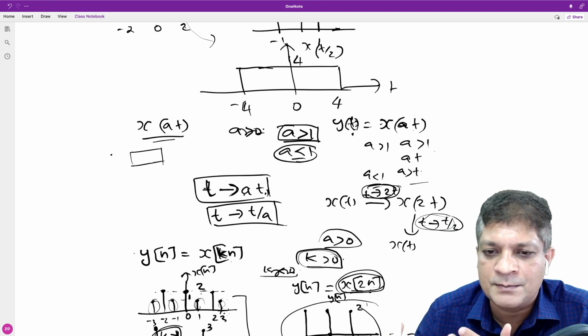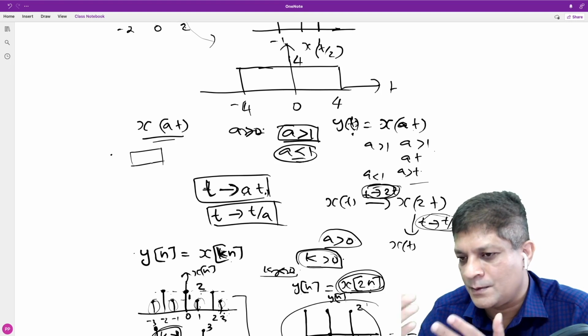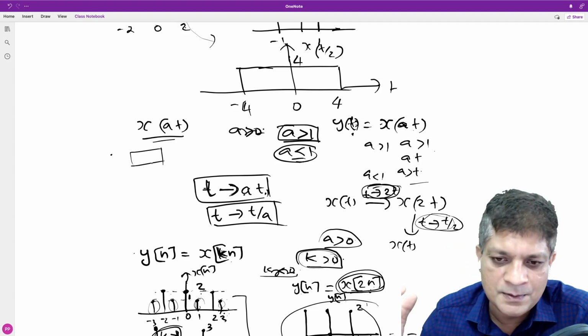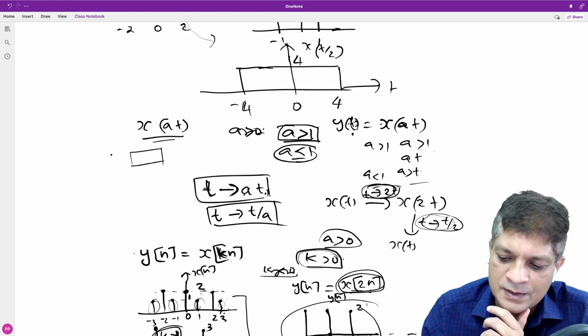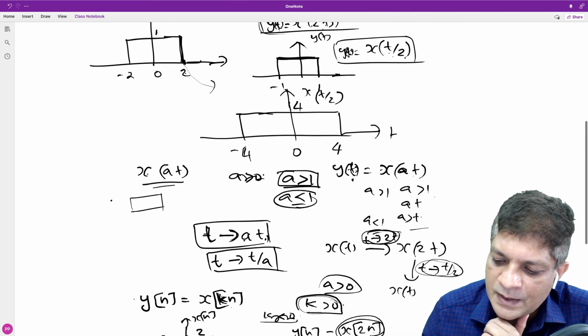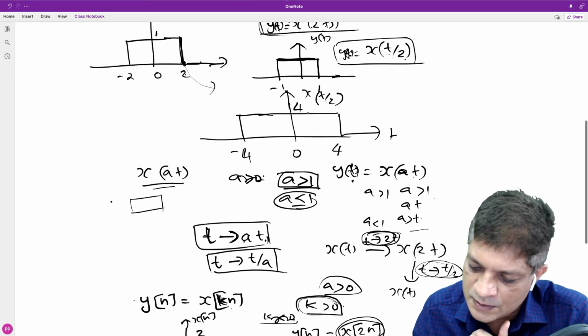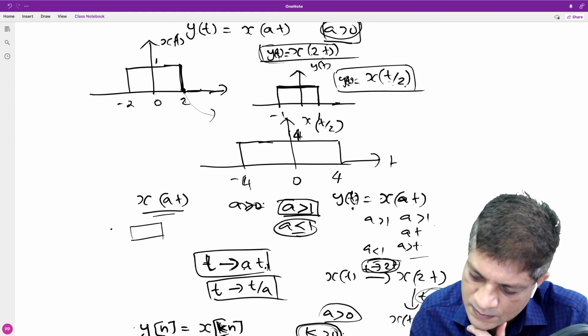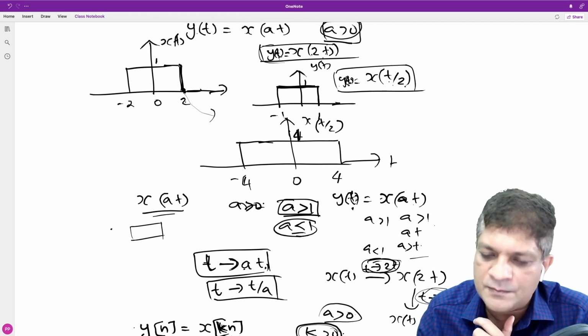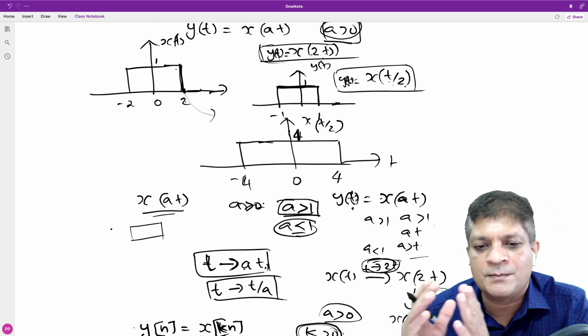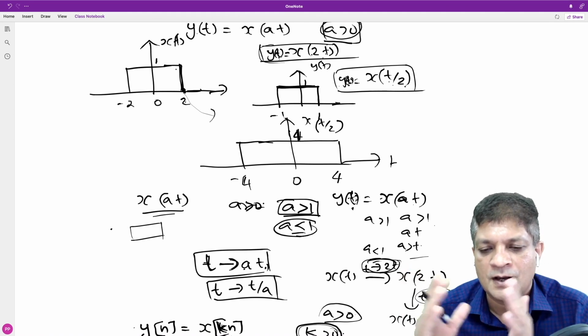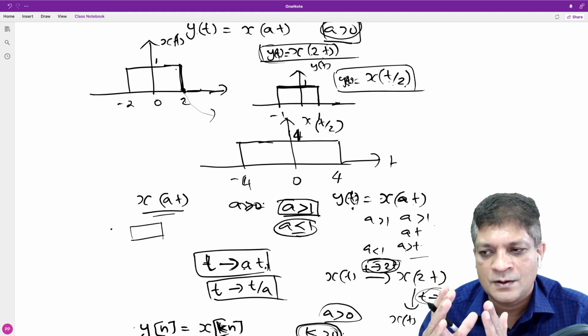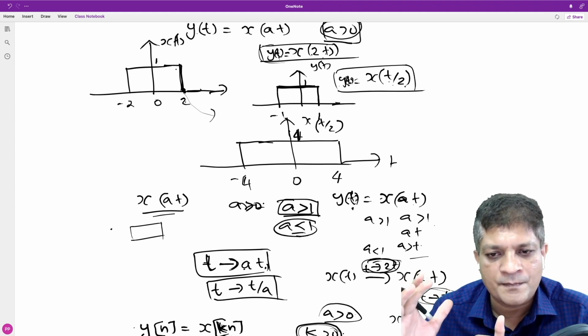No, here we are doing compression. Don't be confused with amplitude modification. In this time scaling, we are not changing the amplitude of the signal. That is my mistake. The amplitude will remain the same. It is only time compression or expansion. The amplitude will remain the same.